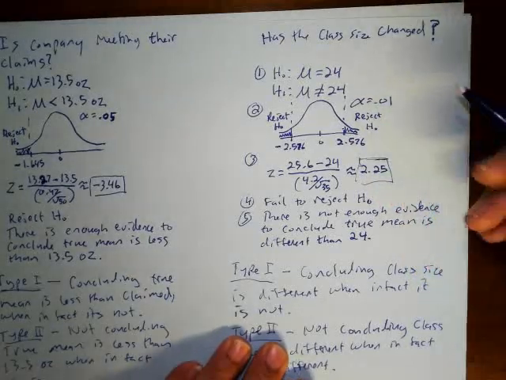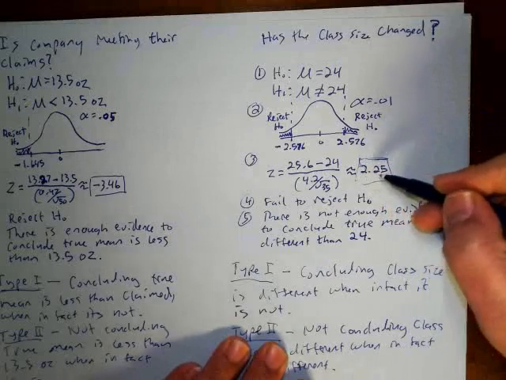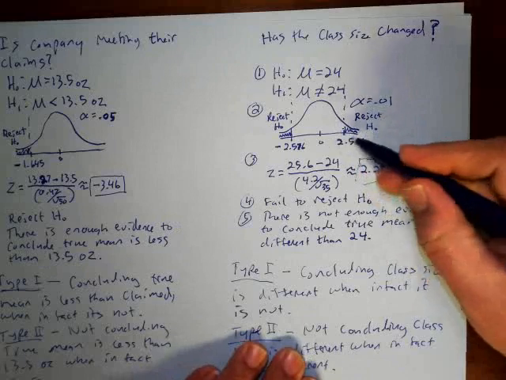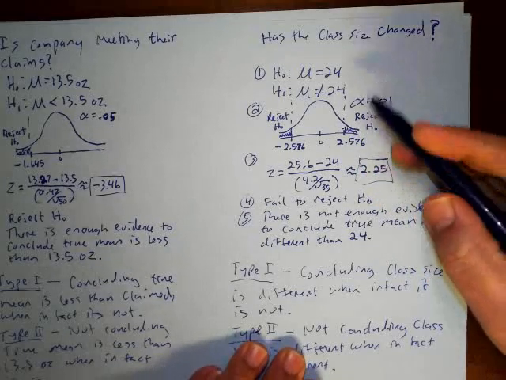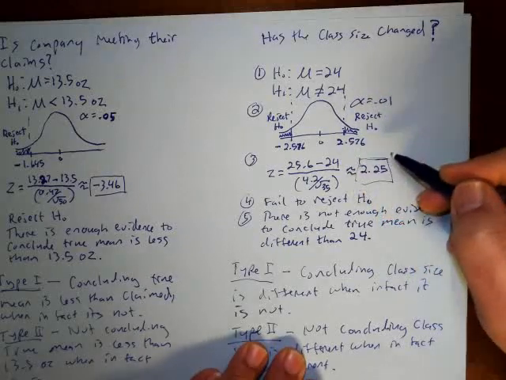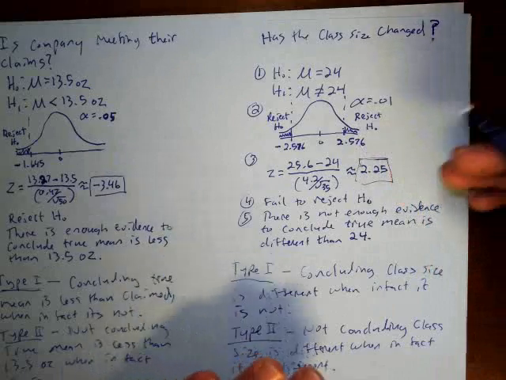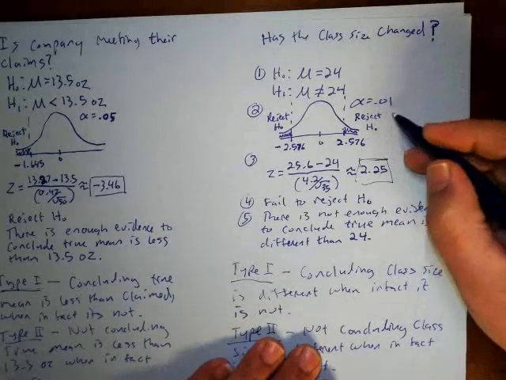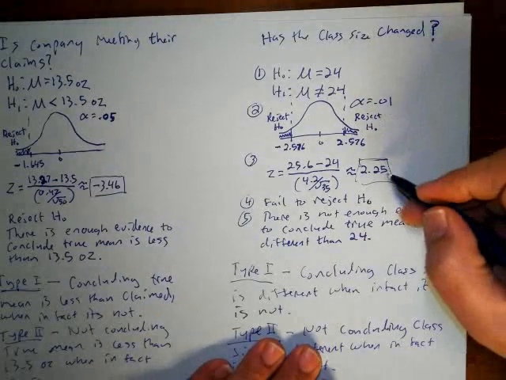So a way of thinking about this is when you have a z-score like this, which is above 2 standard deviations but not quite enough to reject at your significance level, chances are that the true class size really is a little bit larger, but maybe isn't that much larger. It just wasn't enough to conclude it at the 0.01 significance level. That's probably what's really going on.